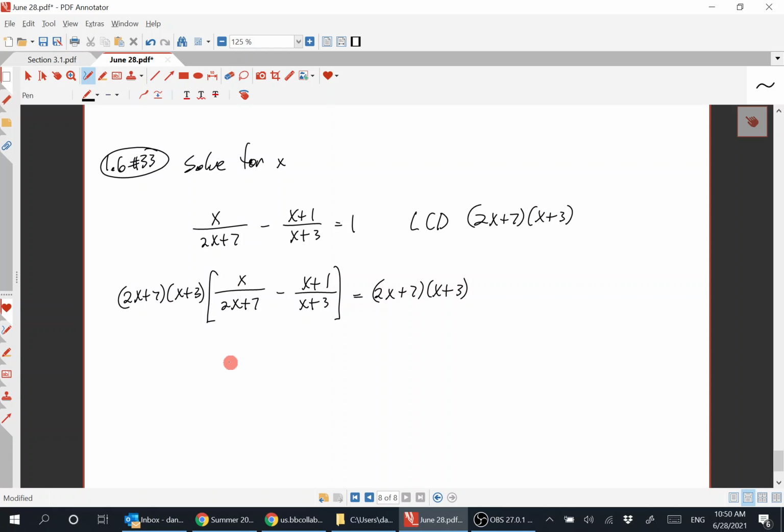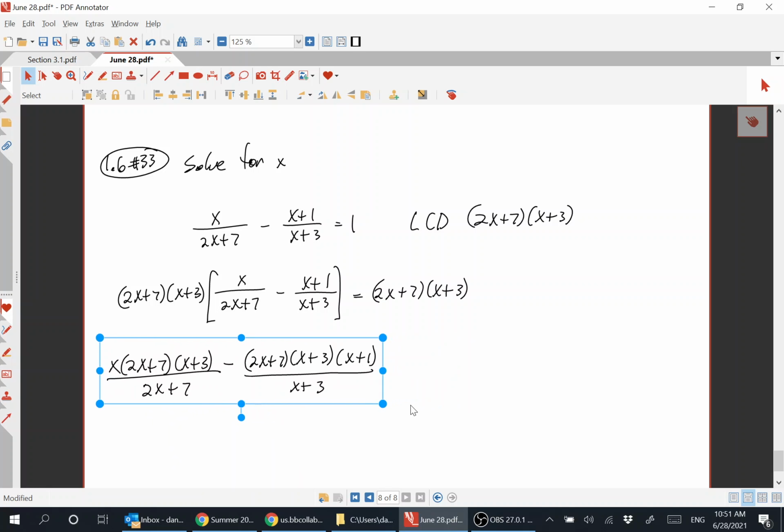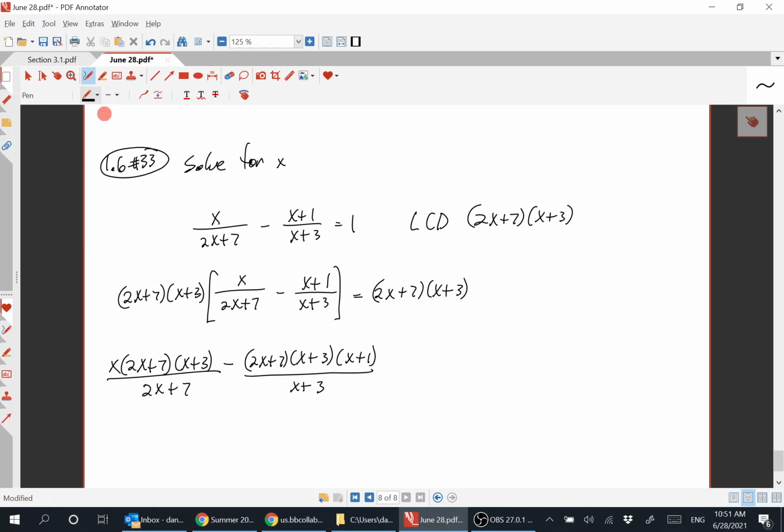Distributing through on this side, I have x times 2x plus 7 times x plus 3 minus 2x plus 7 times x plus 3 times x plus 1 equals, and then on this side, let me just leave it like that for the time being.